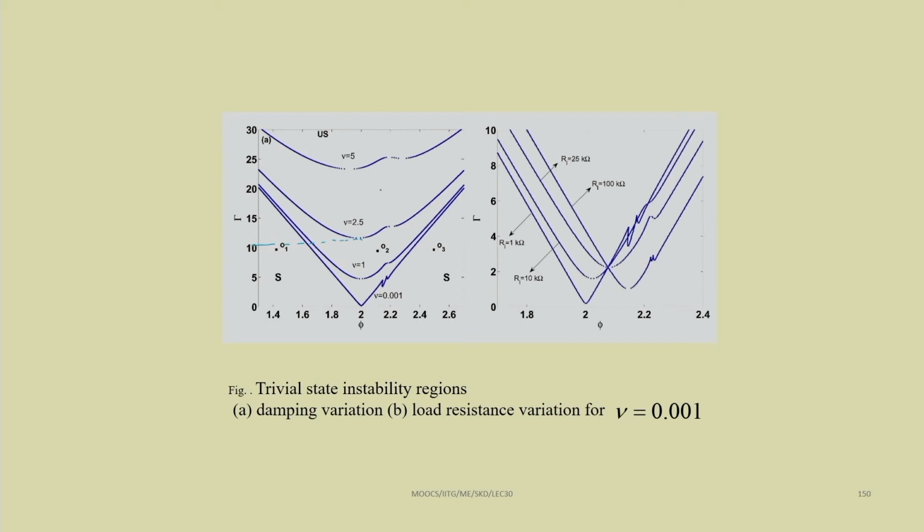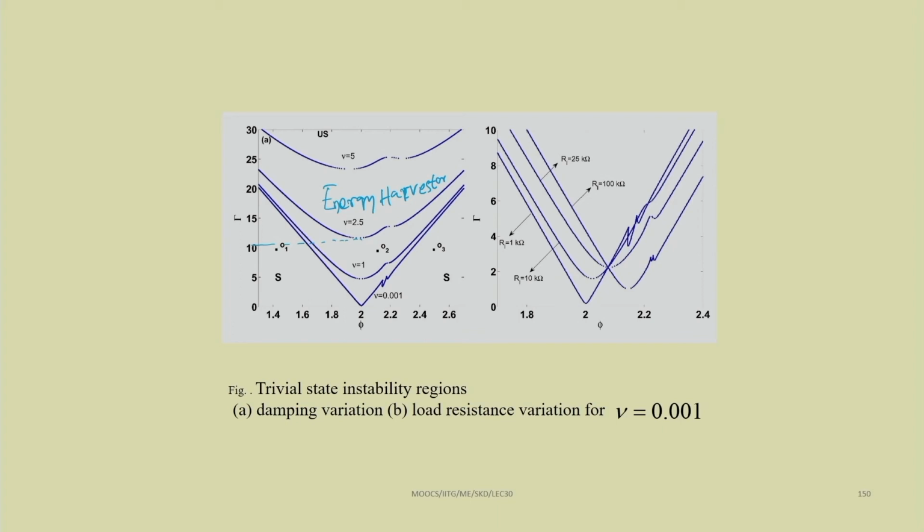When the system becomes unstable, this is the position where we use it as an energy harvester. In the stable region it cannot be used as an energy harvester because it will not vibrate. We have to take the trivially unstable configuration.